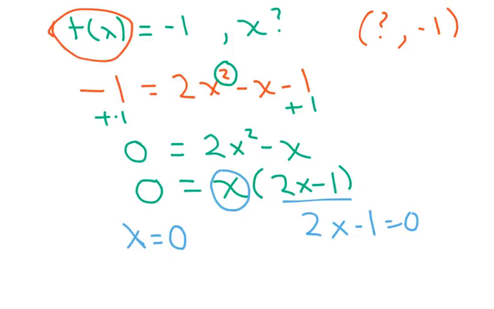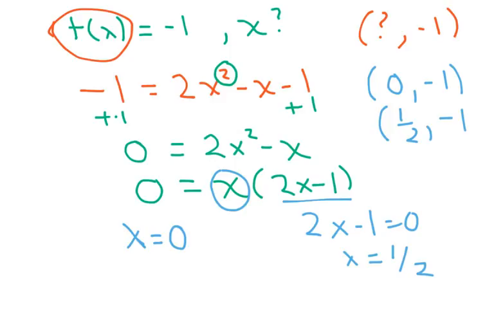Add the 1, divide by 2, so x equals 1/2. So when y is -1, we have 2 answers, and we can write it like this: (0, -1) and (1/2, -1). So we have 2 solutions.